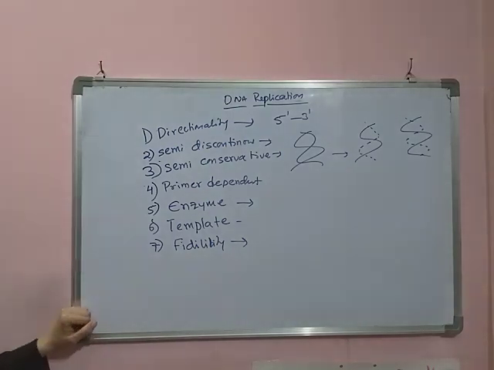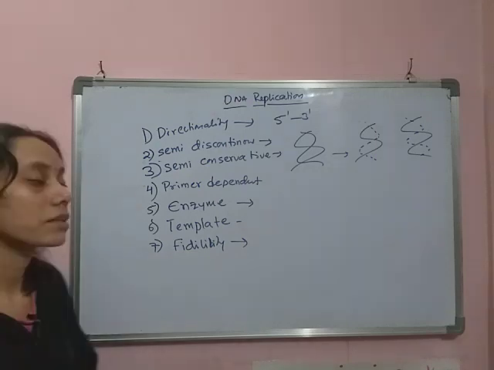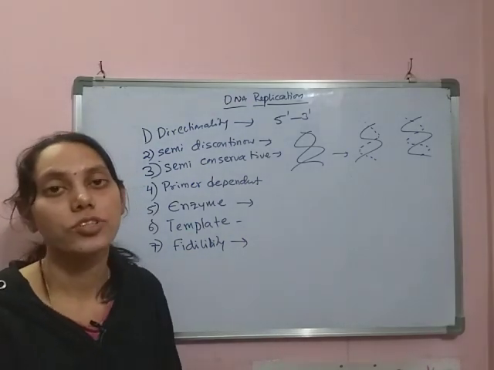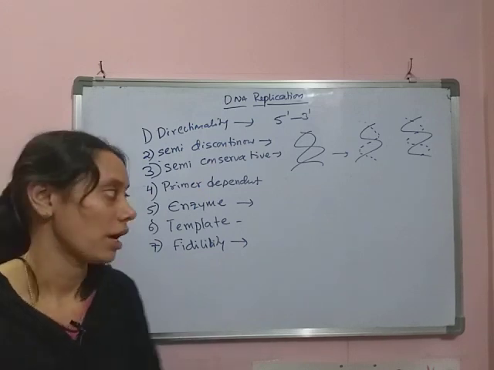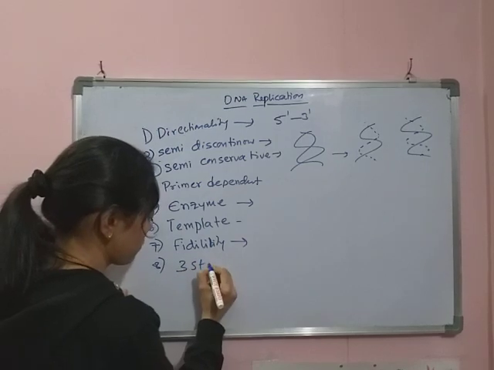And what are the other features of the DNA replication? So basically these are the primary features of the DNA replication, and it basically has 3 stages.